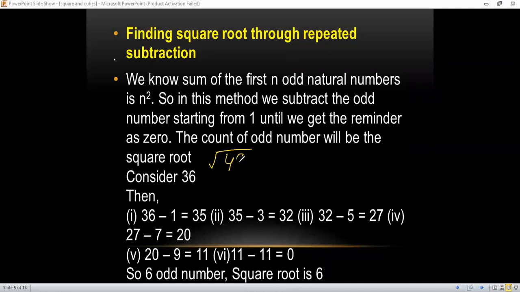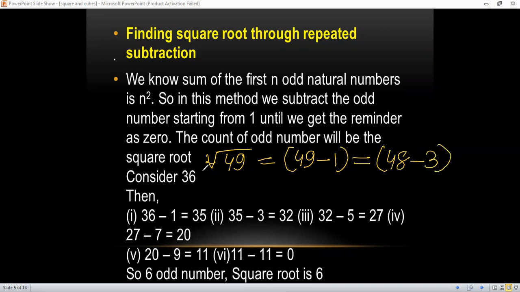If I take 49, we will try to find the square root of this number. First, I will subtract 1 from 49. We get 48. Then I will subtract 3 from it. I get 45. Then again, I will take 5.